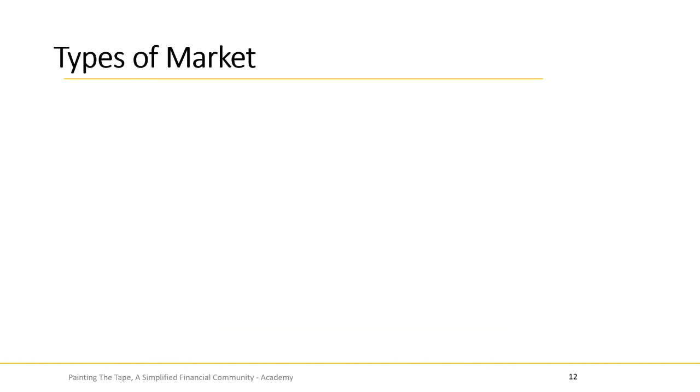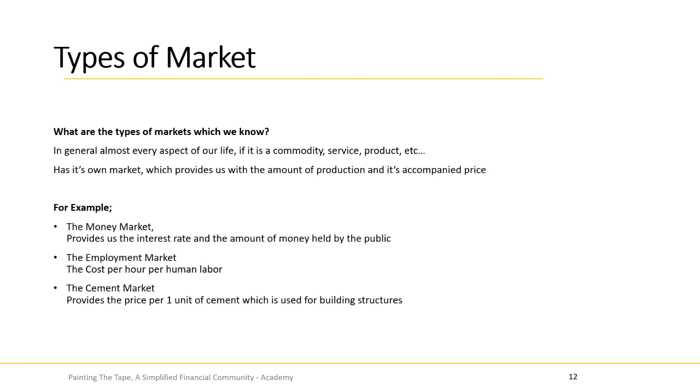Now let's talk about the types of market. Why? Because if we understand that each market has the same composition, a buyer and a seller, a producer and a consumer, that means that the same principle, the same display, the same rules will probably apply to all of the other markets. We can talk about, for example, the money market, where we have an interest rate which is provided by the federal bank or the governmental bank and the money held by the public.